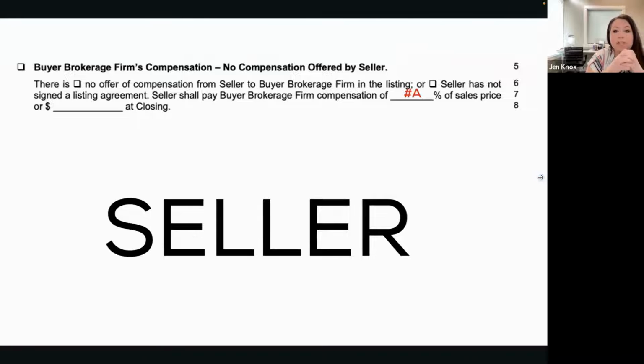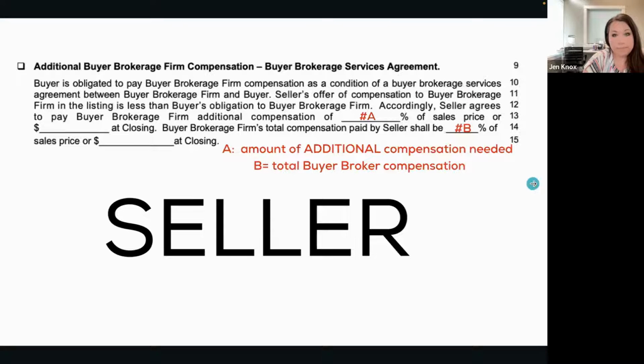And when we look at the 41C, in the back of our mind, I would like us to remember who is paying these things. Most of these are going to be seller-funded compensation because the purpose of the 41C is to negotiate that. So if you have any of these boxes, where the buyer and the listing has not paid any compensation and you're requesting the seller pay it if they agree to, that would be a seller paid compensation form.